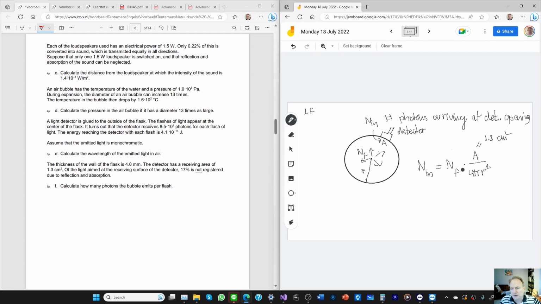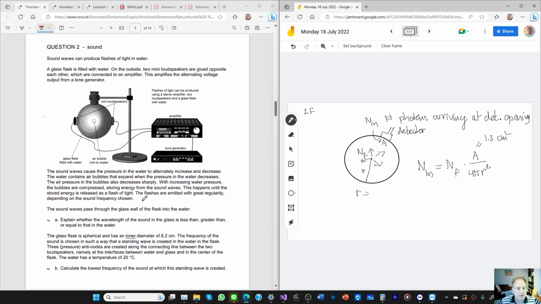Okay, and the radius is the distance from the bubble to the detector. So it consists of the thickness of the flask and, how do you find, so this radius here we know r is, what was it, 6.2 centimeters.